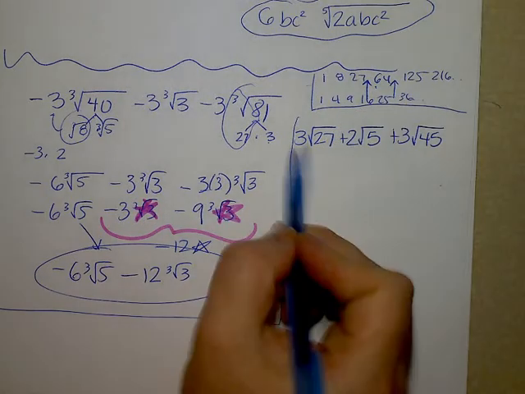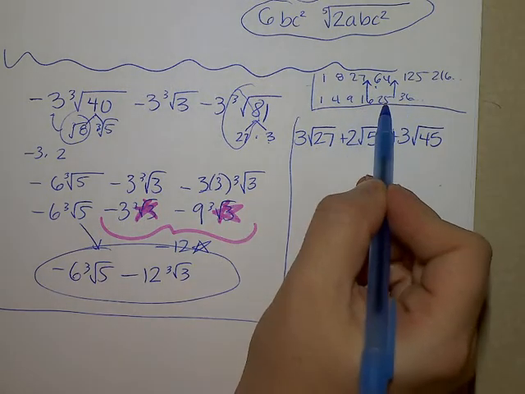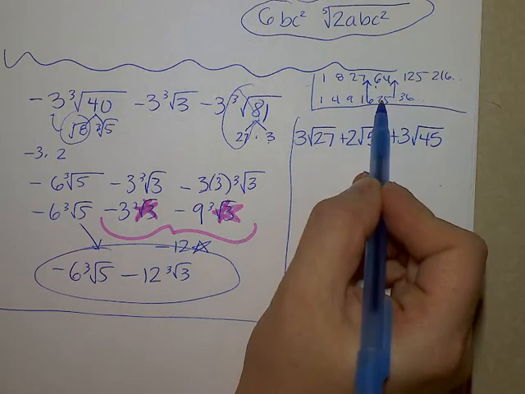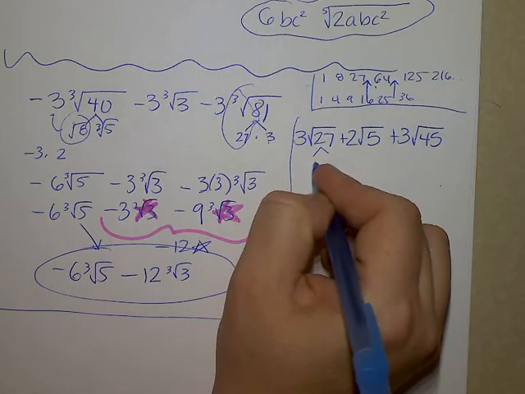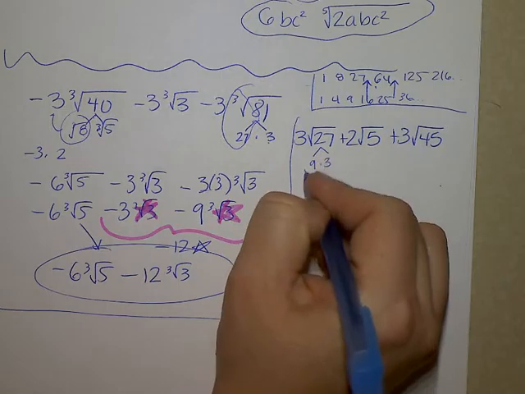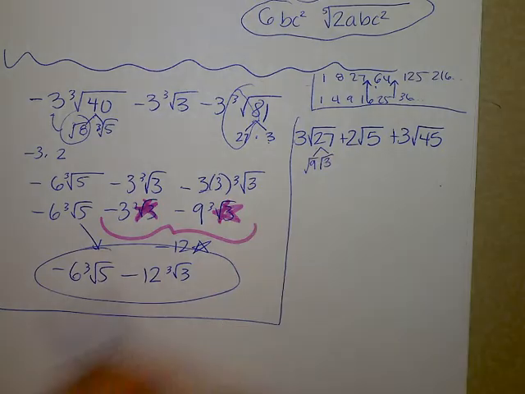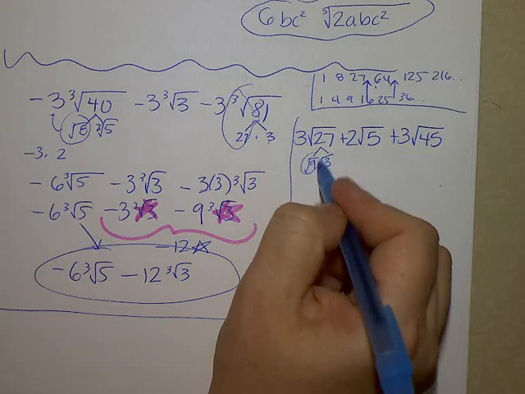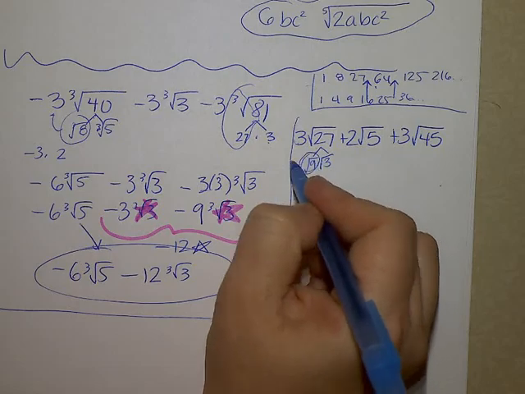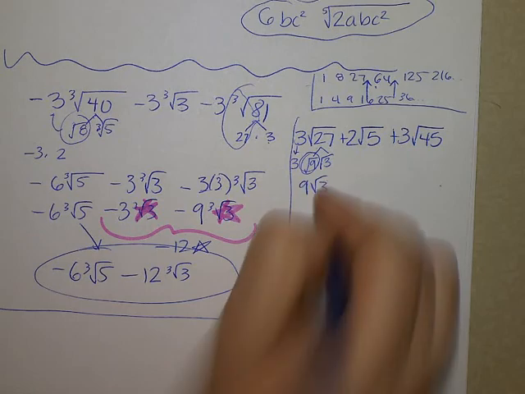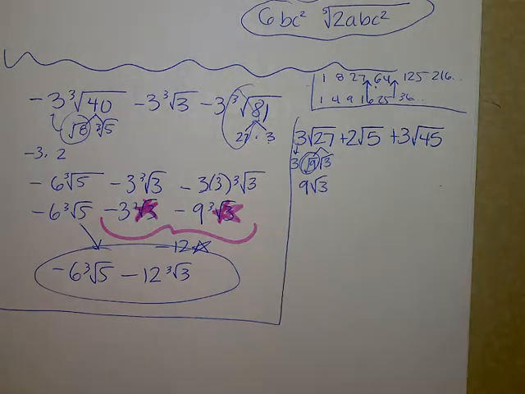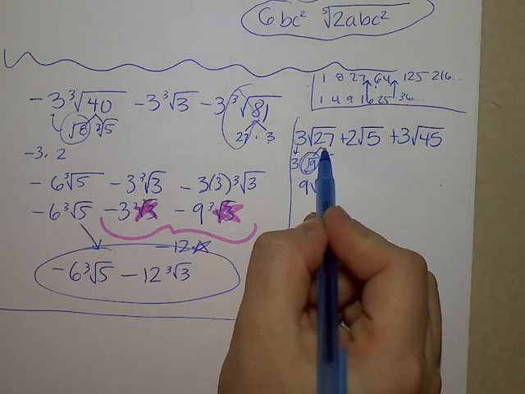Find 27. It's not up there, so look at everything to the left of 27. What's the largest number here? If there is one that divides into 27, it is 9 times 3. The square root of 9 is 3. So this is 3 times that out front 3, the coefficient. 3 times 3 is 9. I have 9 times radical 3 when I simplify this first term in the expression.